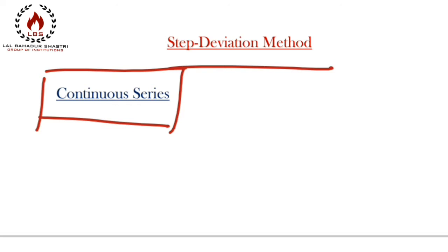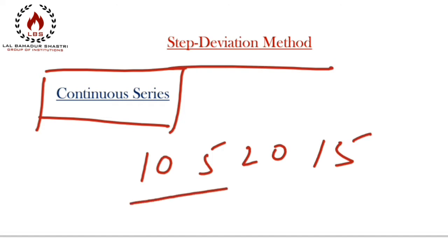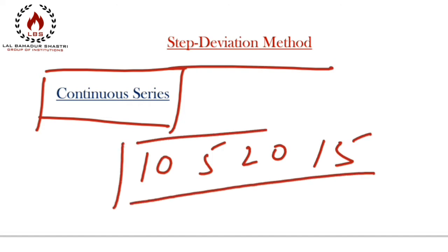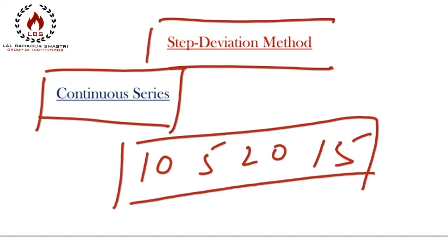If the discrete series is like 10, 5, 20, 15, that is, if there is something common, a common factor you can find in the data points, then only you can use the step deviation method in the case of discrete series. Otherwise this method is applicable only in the case of continuous series.